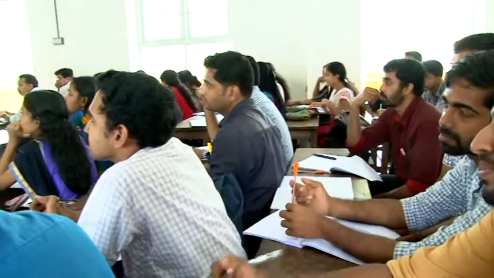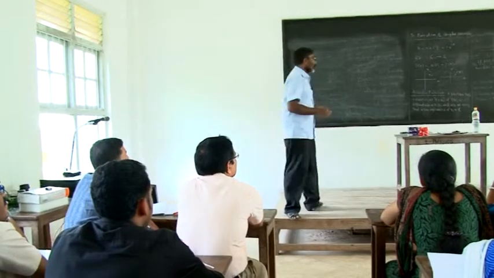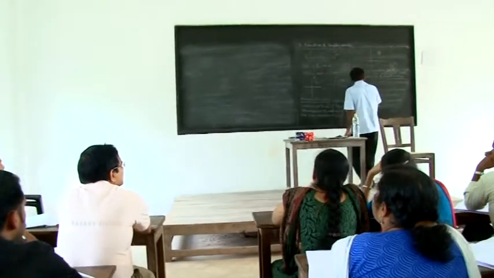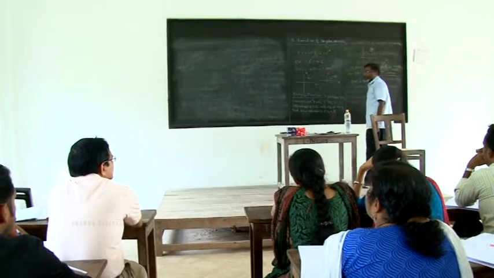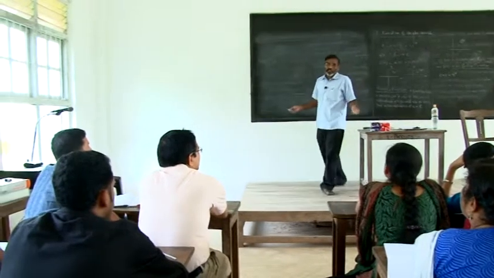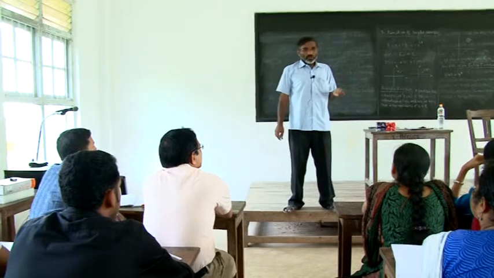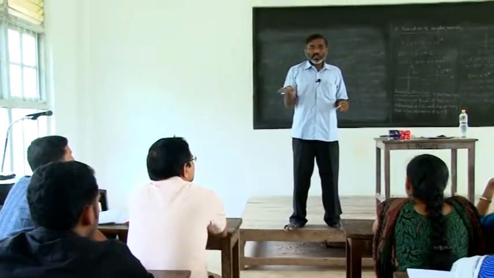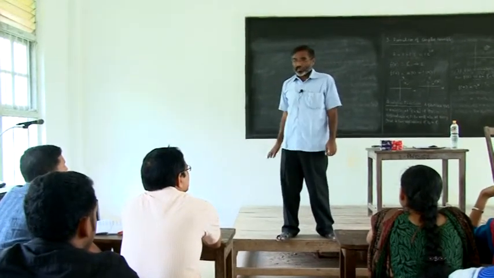Okay, so any questions? Yeah, so for example, f of z equal to z star is not analytic. And I am just going to say that if you have a function which depends on z star, it is not analytic. Any function which has a dependence on z star is also not analytic.